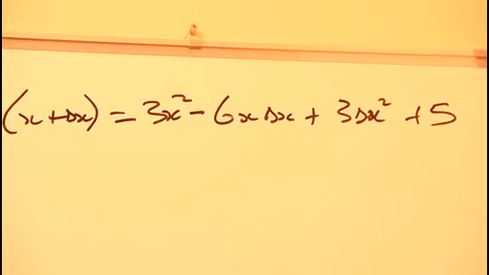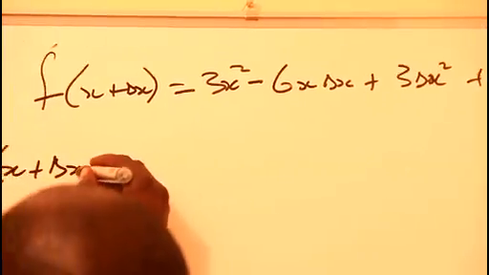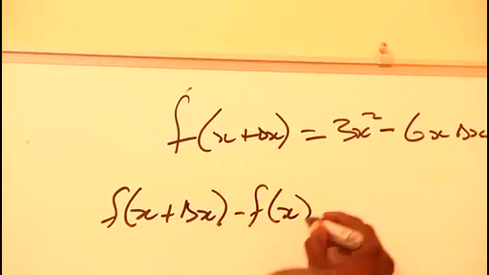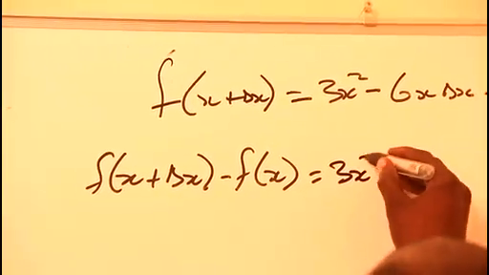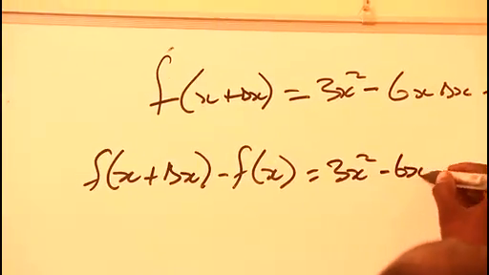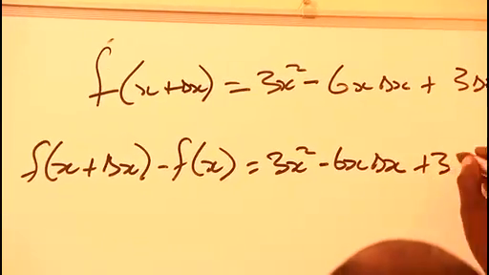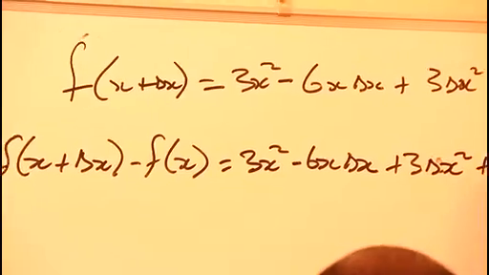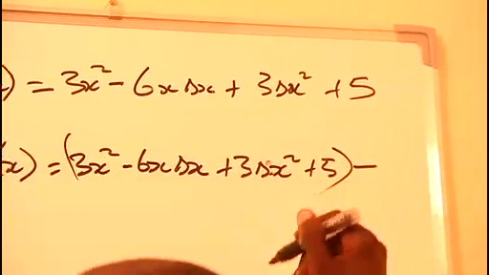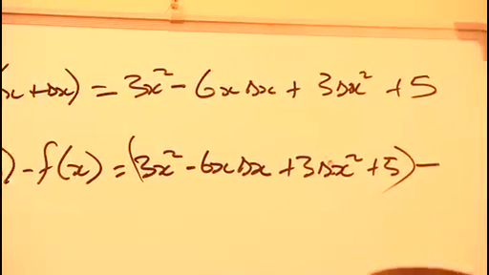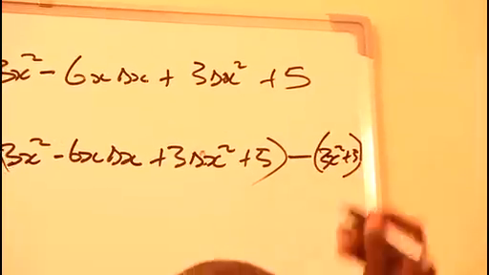So f of x plus change in x minus f of x will be equal to this, minus our f of x, which is 3x squared plus 5.